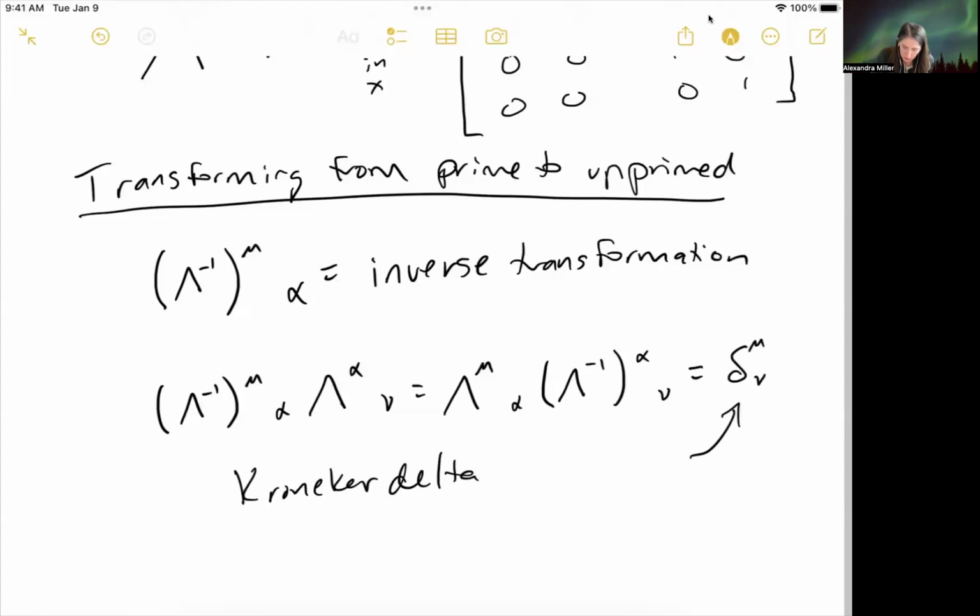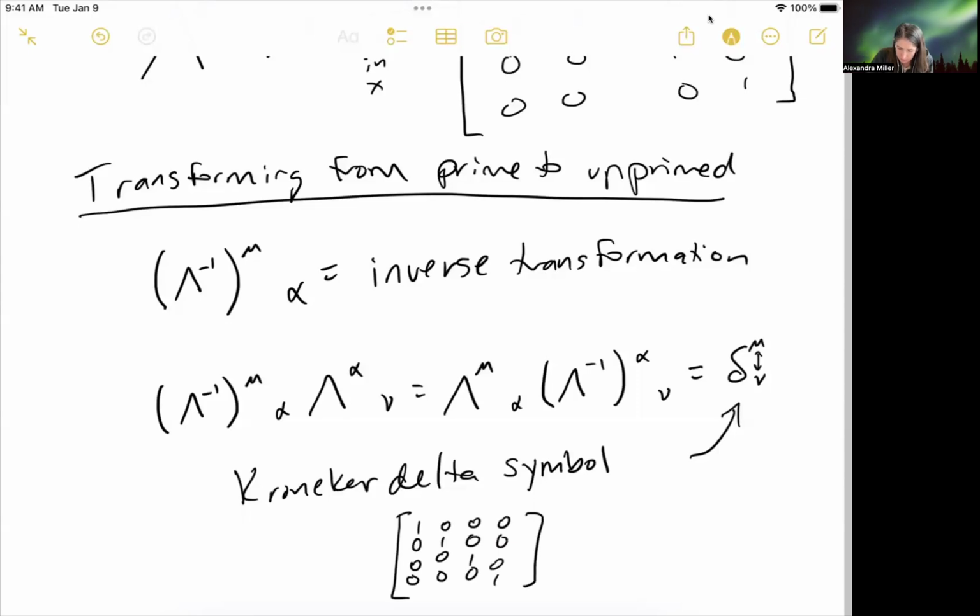Note, this Kronecker delta looks sort of like a tensor. It's not, it's a symbol. Notice I am breaking my own rule. I wrote the indices right on top of each other here because it doesn't matter in this case. The Kronecker delta symbol takes on the identity matrix. No matter what reference frame you're in, it always takes on this value.